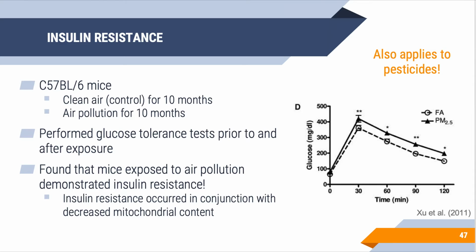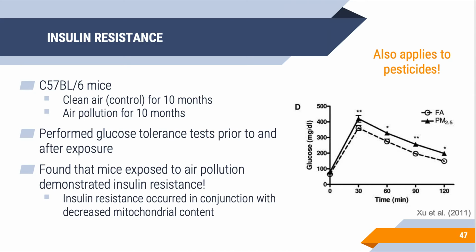So on this figure here, the black triangles are the pollution group and the open circles are the clean air group. So really this provides a link to air pollution and a possible tie-in to insulin resistance. And what these authors also found was that this insulin resistance linked to pollution was also related to decreased mitochondrial content.